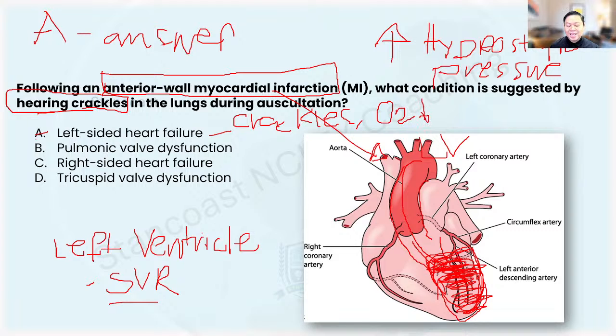Because it can impair the exchange of gases in the alveoli because of that abnormal accumulation of fluid, right? The air, the O2, will not be able to diffuse properly into the lining and into the capillary because of that fluid present in the alveoli, okay? And so the oxygen saturation will go down. Your patient is going to have some difficulty breathing, SOB, and also an increasing respiratory rate.